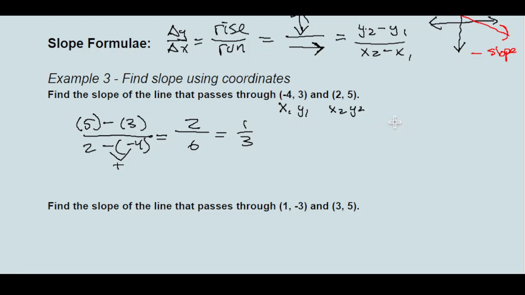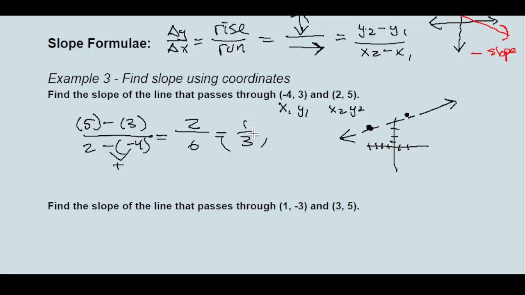Now, if you want to use the principle of what we just talked about, let's sketch where negative 4, 3 would be. If we went 2, 3, 4, that would put this point about right here. And then 2, 5 is going to be 2 and then up a little more, about here. So you're going to have a line that's going up from left to right.